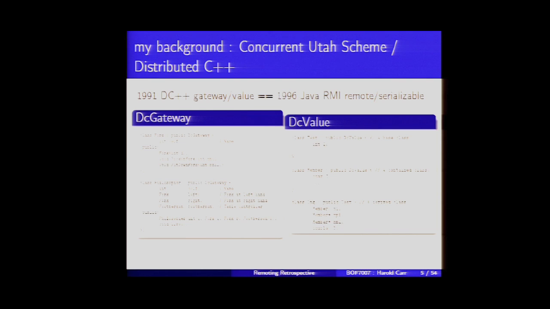We actually did a thing called Concurrent Utah Scheme, and then our funders wouldn't pay us to do Scheme anymore, and I volunteered to do C++. But anyway, it had lots of things in it, but the two things that it had were this DC gateway and DC value, which turned out to be exactly what Java used about 4 or 5 years later for RMI, where they have remote and serializable.